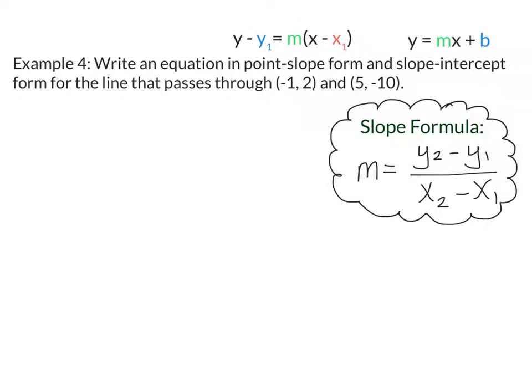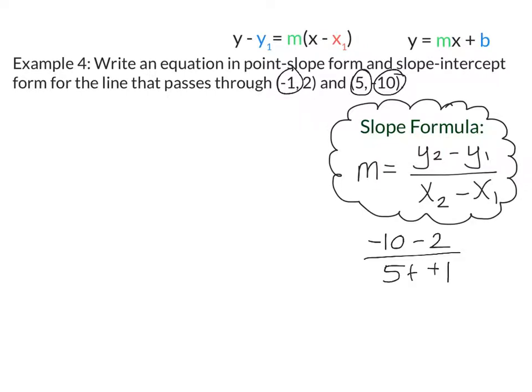Example 4 says, write an equation in point-slope form and slope-intercept form for the line that passes through (-1, 2) and (5, -10). So we're doing the same thing as the last two problems. First, we have to find the slope. So it's -10, which is y2, minus y1, which is 2, over 5 minus -1.